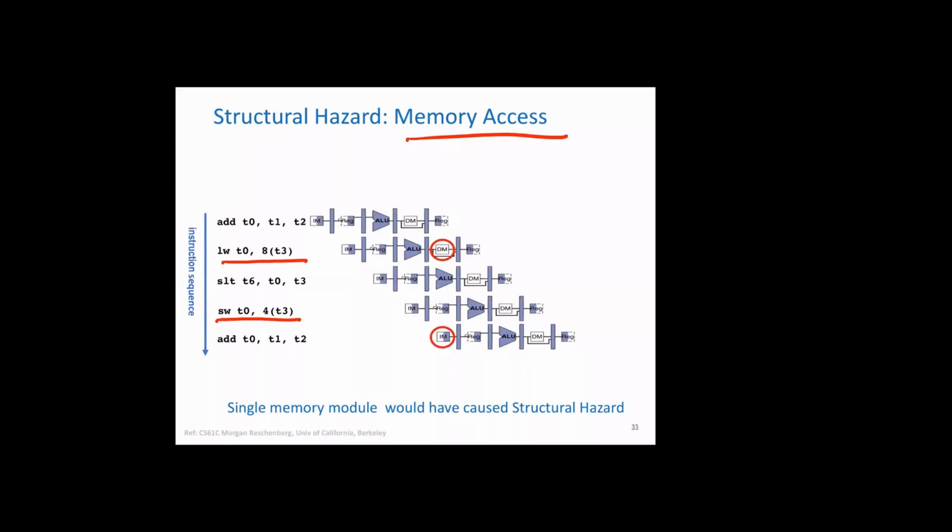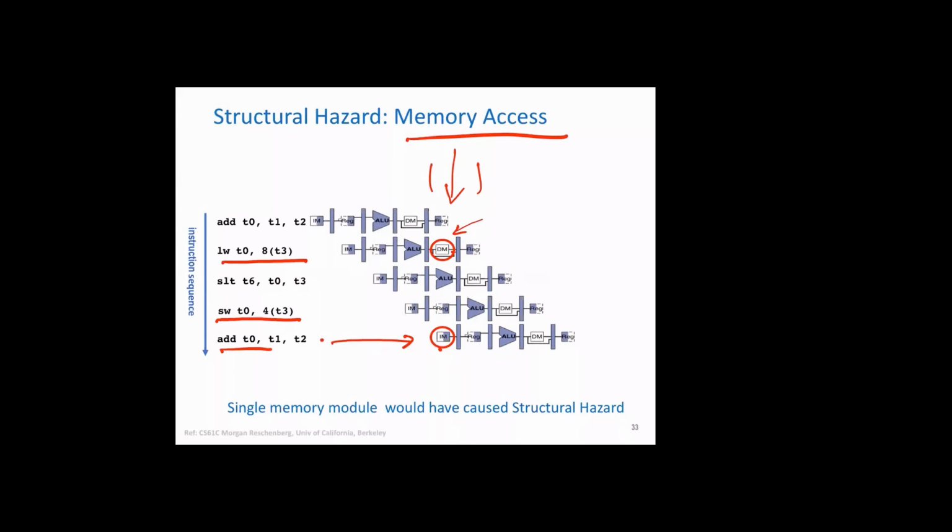In the first one, with load word, we are reading from data memory and bringing the data into the register file. So in this cycle data memory is being used, while in the same cycle instruction memory is used for this instruction. Do you see any problem? We don't see any problem.